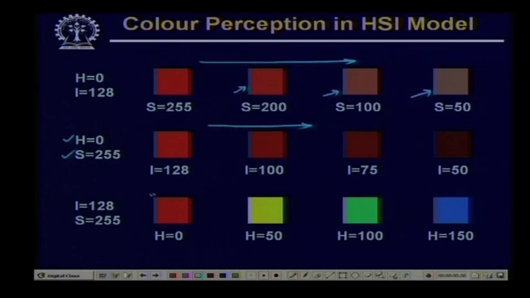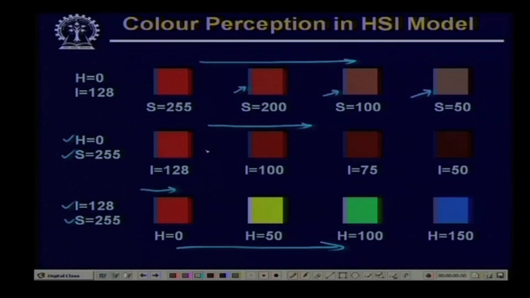If you look at the third row, what we have done is we have kept the intensity and saturation constant, but it is the hue component which has been changed. We have started with hue equal to 0, which is red, and here you find that as we change the hue component, it is really the color which gets changed. Unlike the previous two rows, in the first row it is the saturation, or more and more white light is being added to the pure color.